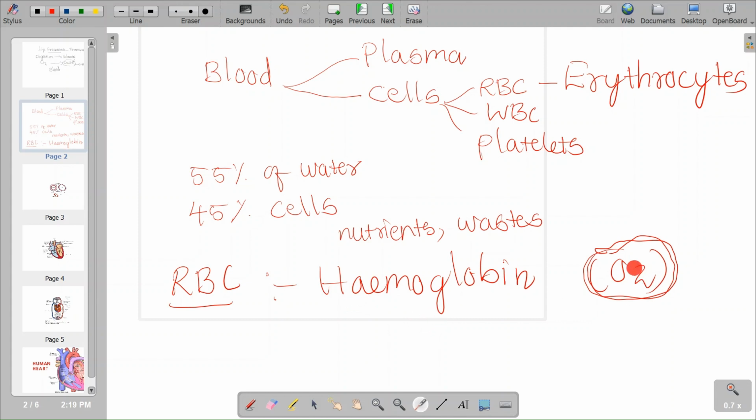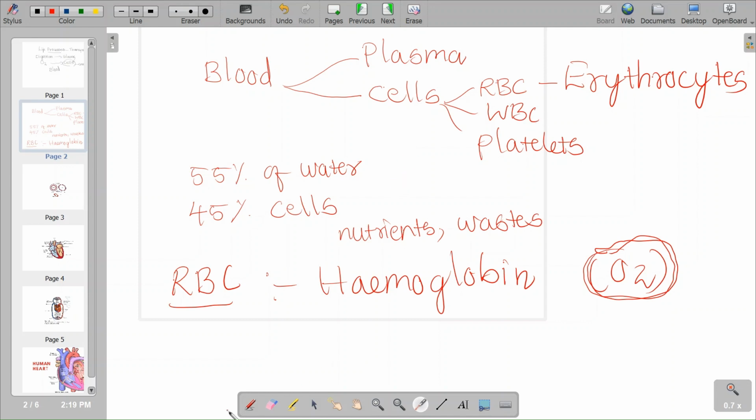This carries the oxygen to all the cells and tissues. Also, we learned carbon dioxide is carried by the blood in dissolved form in the plasma. For grade 10 CBSE, you don't need that much detail about RBC or the plasma. Briefly, we have the description that we are discussing now.